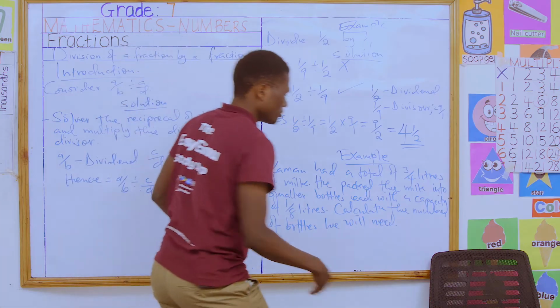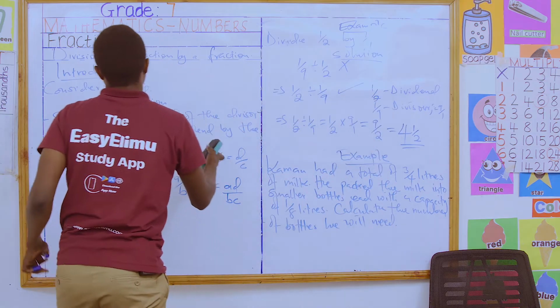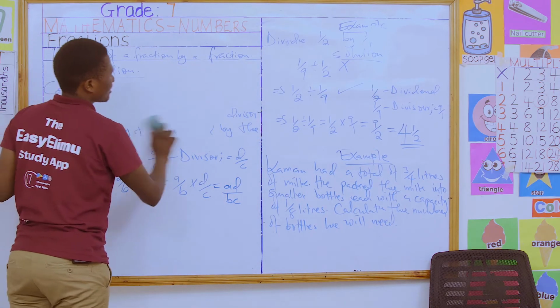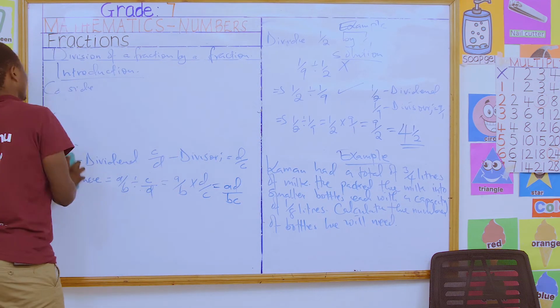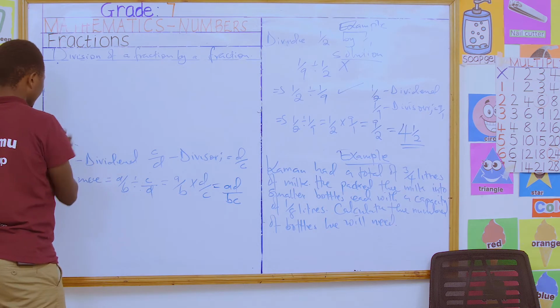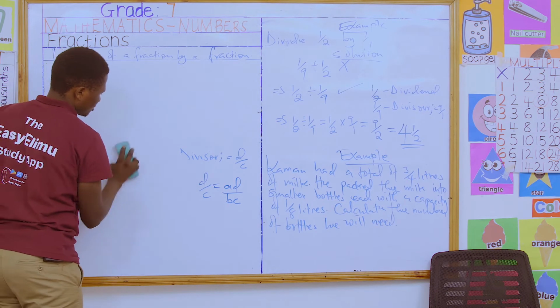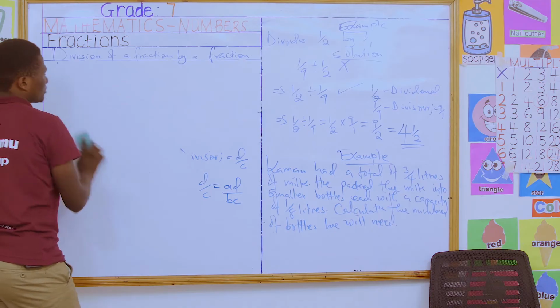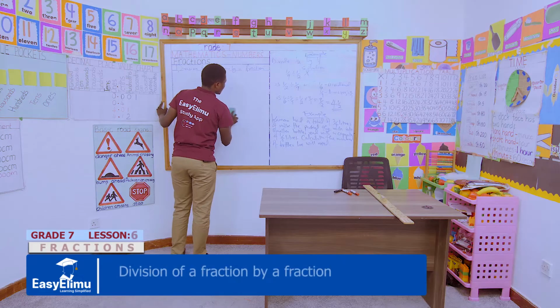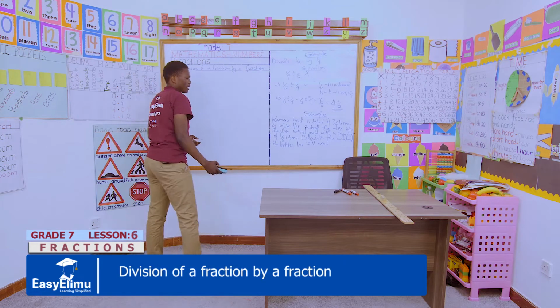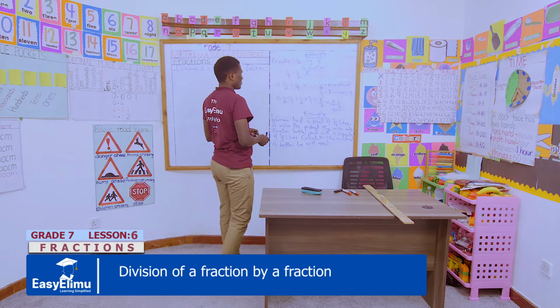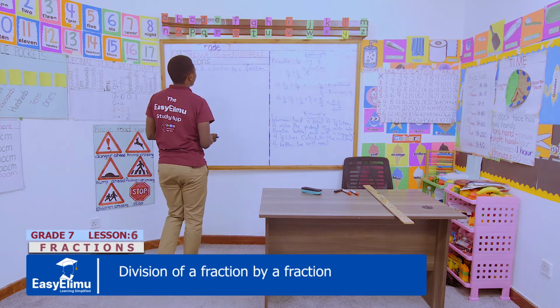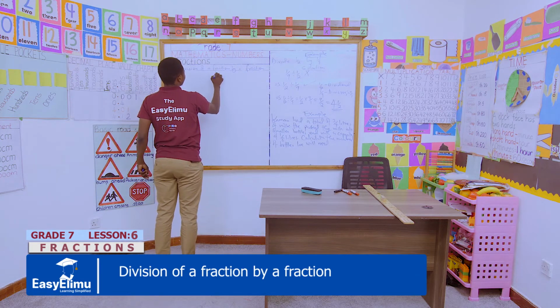So we have a boy by the name Kamau here, and he probably wants to sell his milk, and he decided to repack it into very small bottles. The capacity of each smaller bottle is 1/8 liters. So here, solution.